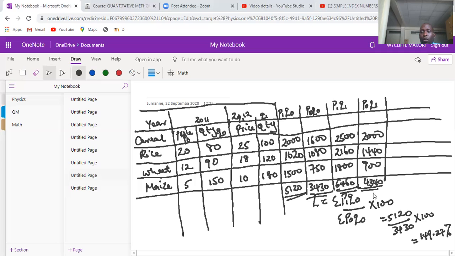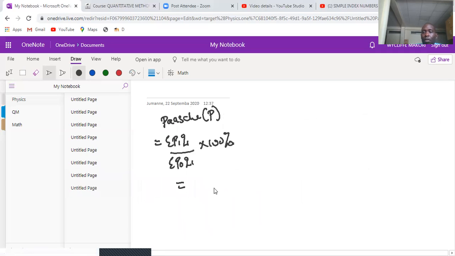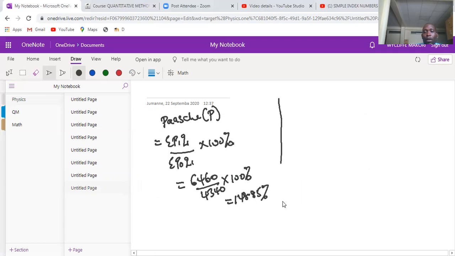You divide the two values and you multiply by 100%, and you will find that is going to give you 148.85%.